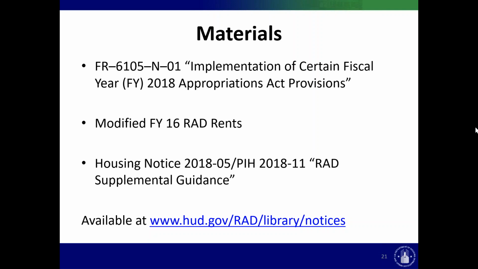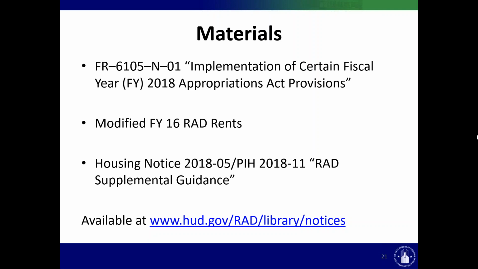Was Section 18 involved if we're demolishing and replacing units on the same site through RAD? If you are demolishing and redeveloping units only through RAD and preserving substantially all the assistance, there's no need to get Section 18 demolition approval.